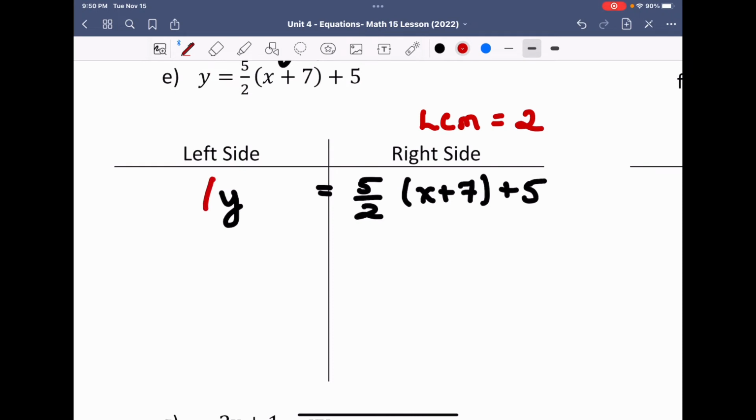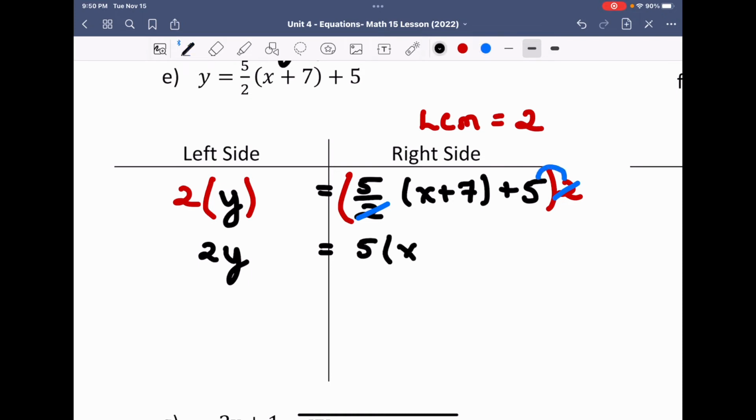If I multiply both sides by 2, and remember it's everything on the left and everything on the right, this becomes 2y is equal to, well, the 2 over 2 reduces down to just 1. And then we have the 2 times the 5 on the outside term. So we get 5 times x plus 7 and 2 times 5, which is equal to 10.